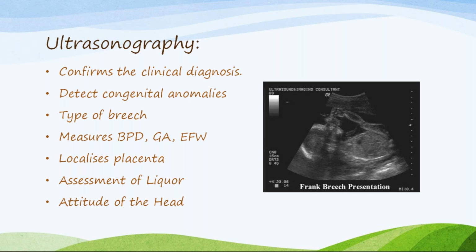Another advantage of ultrasound is that you can measure the BPD, gestational age, fetal weight, all these things. You can also see the placental causes of breech, placental localization, assess the liquor, and the attitude of the head, whether it is a footling breech or extended breech.